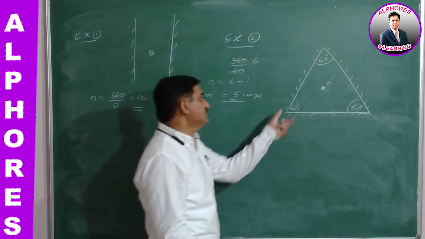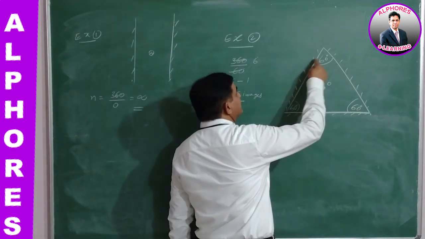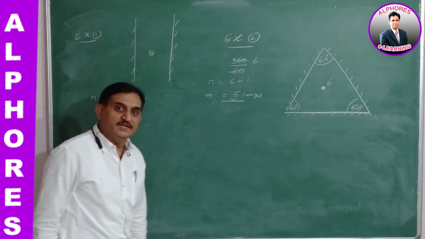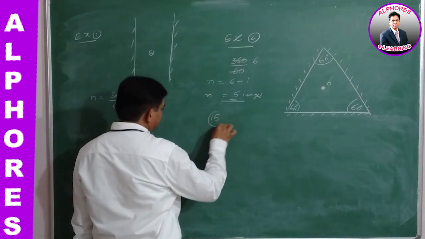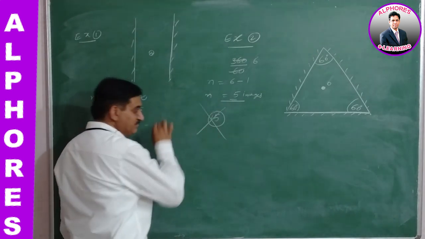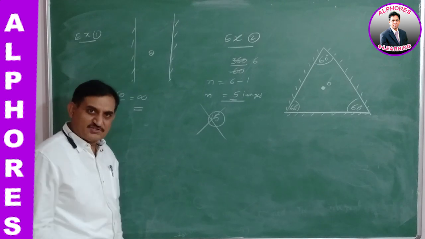Okay, this pair is giving 5, this pair is giving 5, this pair is giving 5. Total number of images formed will generally be 15, but it is wrong. Not 15. So what is the correct answer?